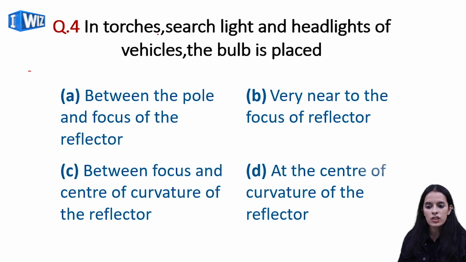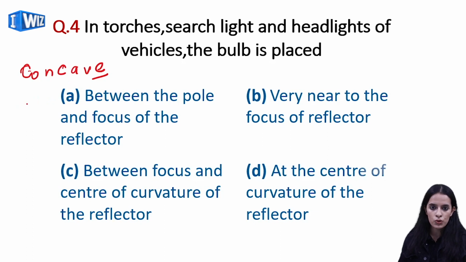So in torches, searchlights and headlights, a concave mirror is used. And for that purpose, an object should be placed in front of the mirror, very close to the mirror, so that a parallel beam of light is produced.